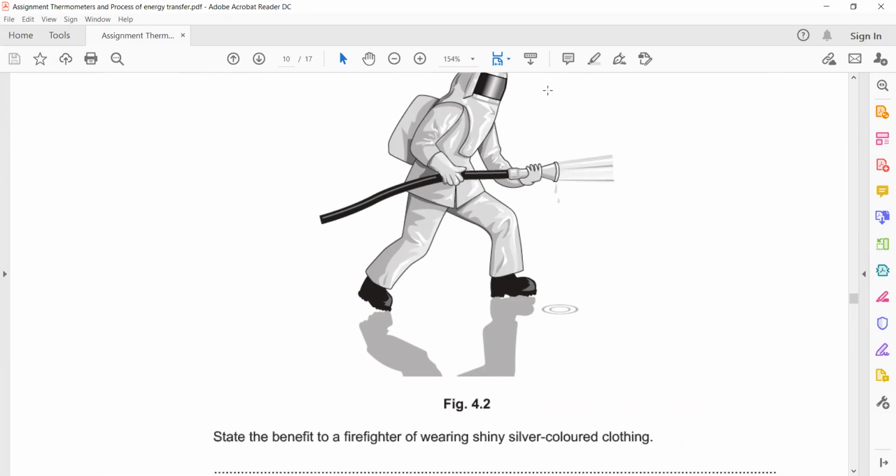The clothing will absorb less heat. A shiny surface will reflect more energy or heat, so a small change in temperature will occur for the firefighter's body. So the answer here, you'll mention the firefighter does not get too hot or burned from the radiation because shiny surfaces are good reflectors.